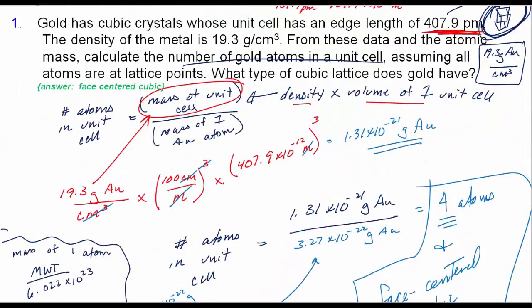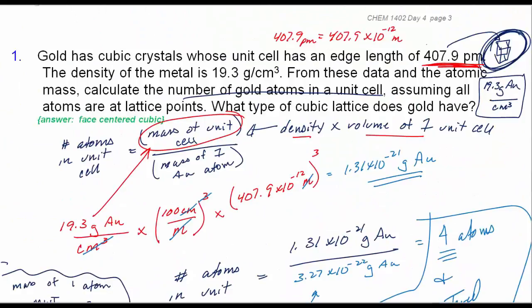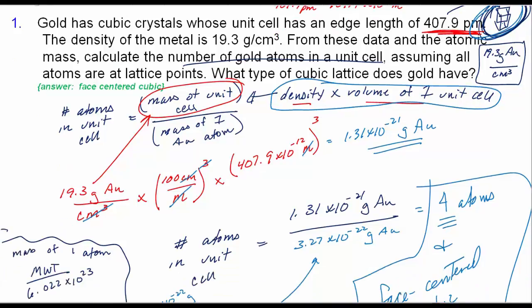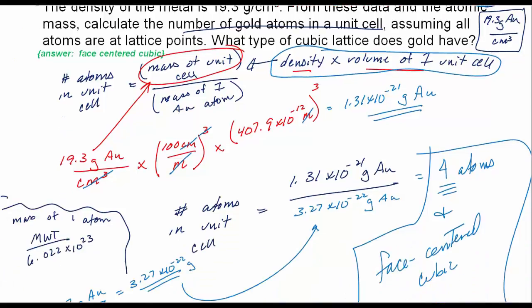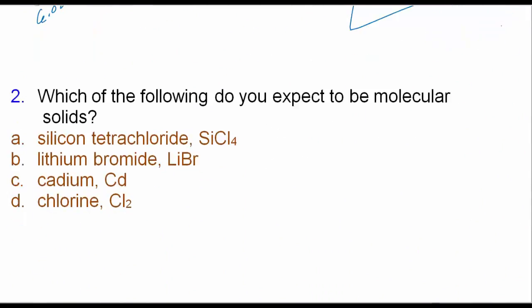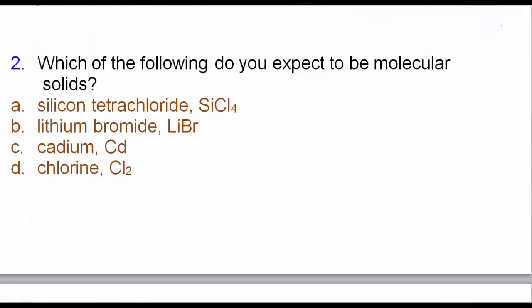Okay, so what we did is we just pretty much found the mass of one unit cell by taking the density times the volume of one unit cell. And remember, volume of a cube is length times width times height. And then we divided what we got by the mass of one atom. You get the mass of one atom by dividing the molar mass by Avogadro.